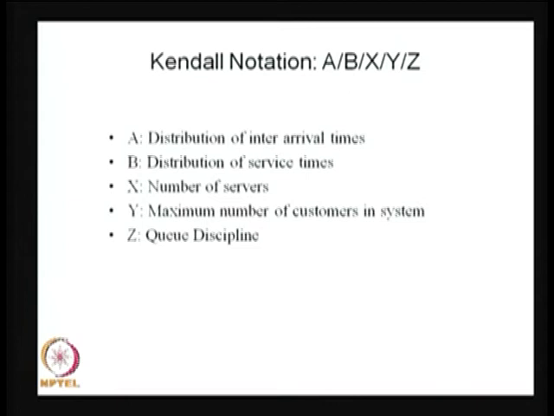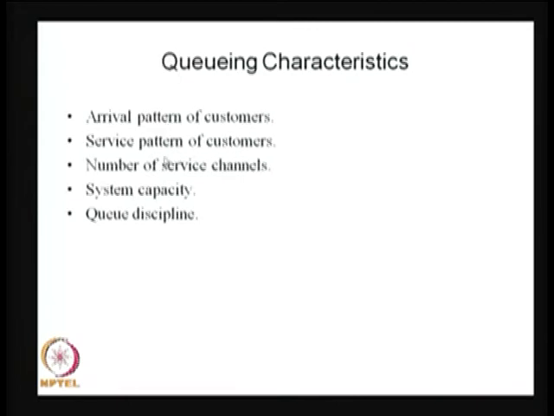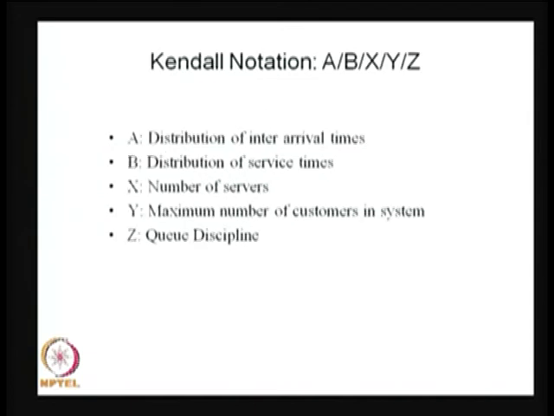The first one is the arrival pattern, the second one is the service pattern, and so on. In the same way we have the Kendall notation: A is for the distribution of inter-arrival time, and B is for the service time distribution.